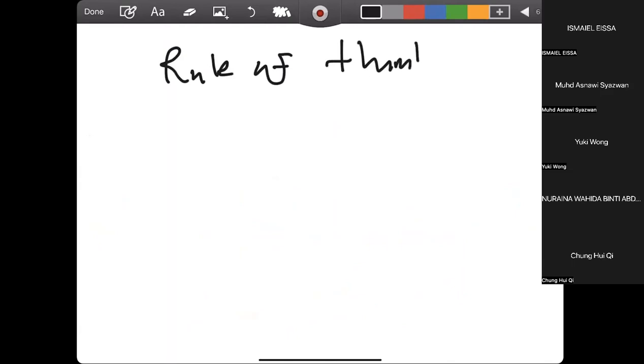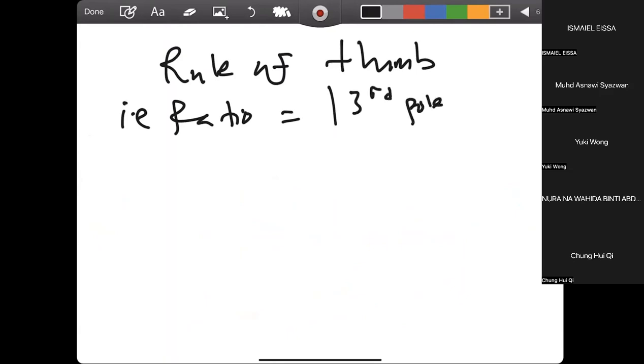Rule of thumb, i.e. the ratio of the third pole divided by the real part.